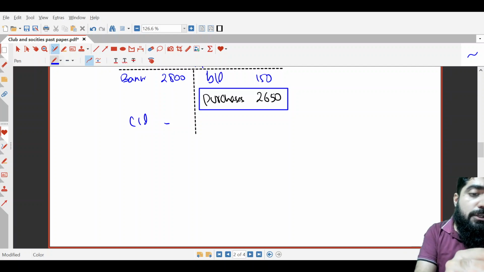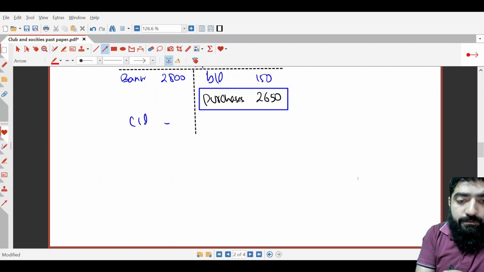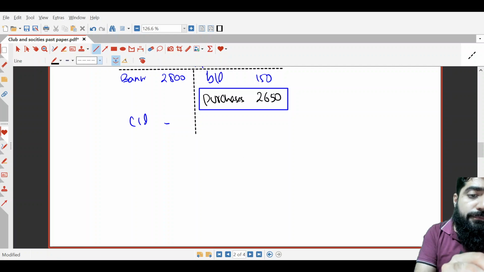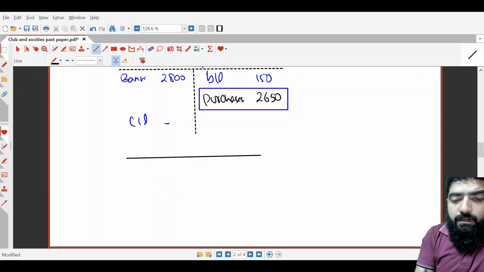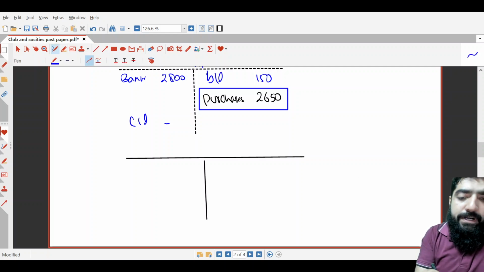Okay, how will the depreciation be recognized? First of all, we need to prepare a ledger for the property, plant, and equipment, that is equipment.